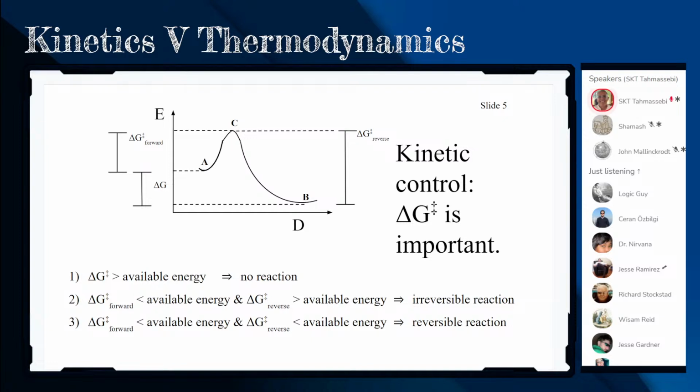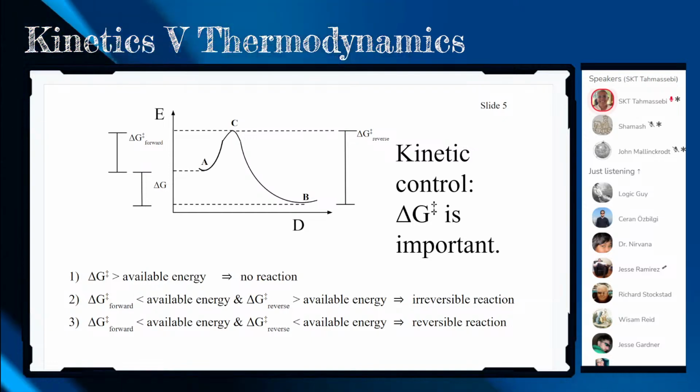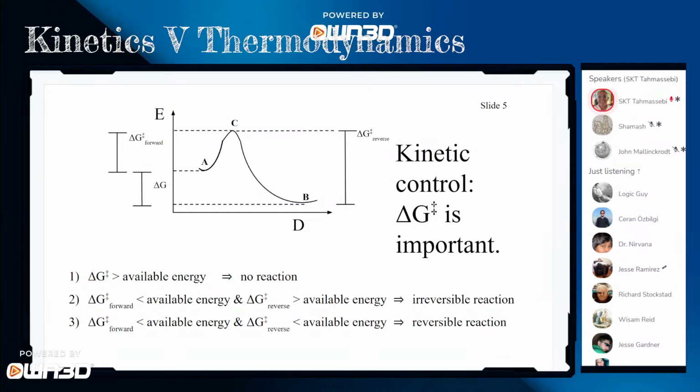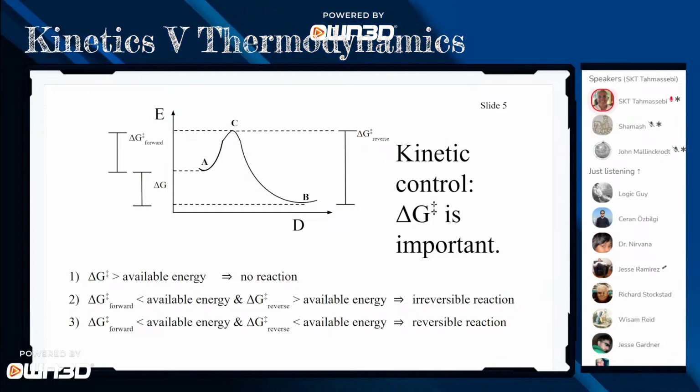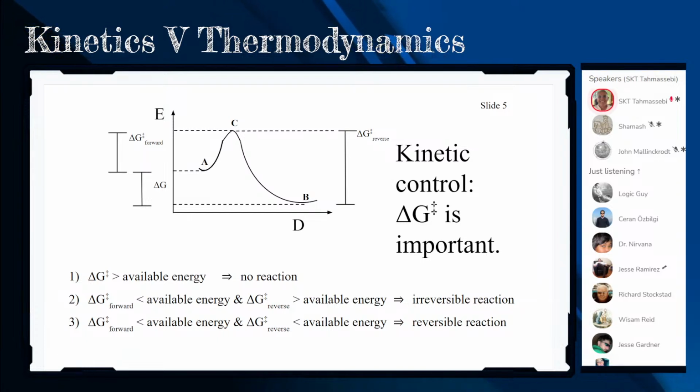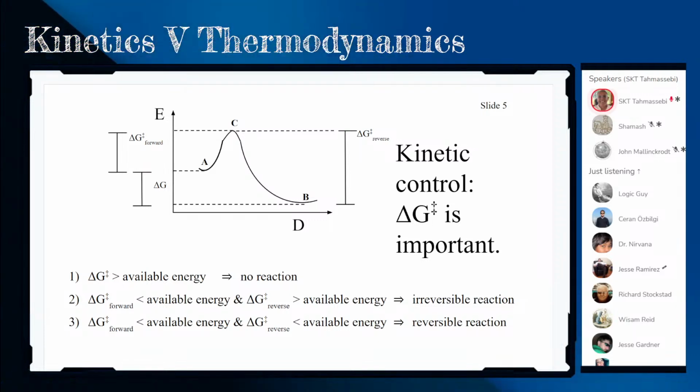But if the transition state is energetically accessible to both forward and reverse reactions, then we have a reversible reaction. And in that case, that reaction is no longer under kinetic control. It goes under thermodynamic control because the delta G double dagger from both directions is energetically accessible. Kinetics no longer play a role here.